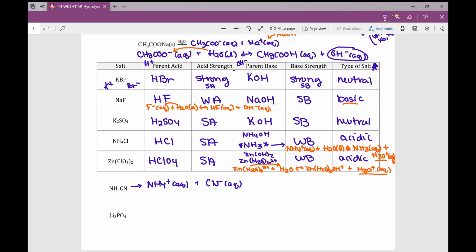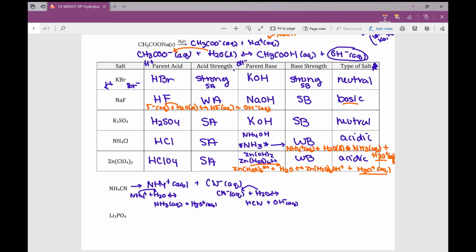The ammonium, when it interacts with water, would form ammonia, and it donates a proton, so it forms the hydronium. The cyanide ion, when it interacts with water, water is going to be donating a proton to the cyanide ion to form HCN, and then you form hydroxide.